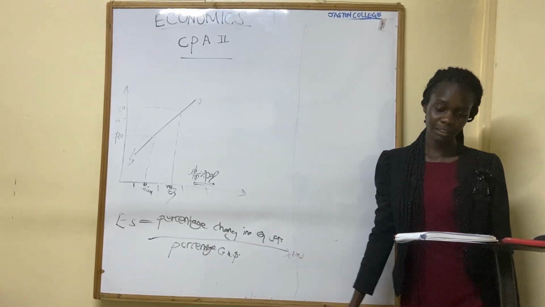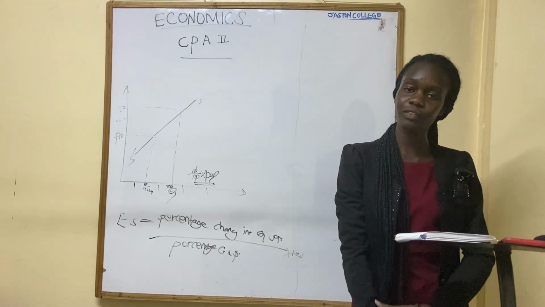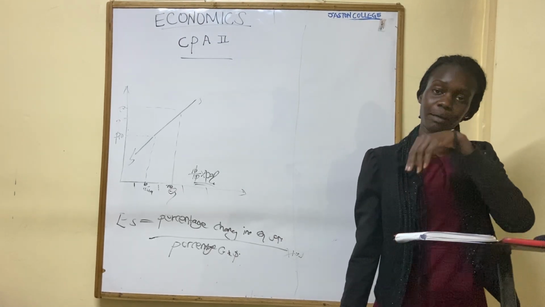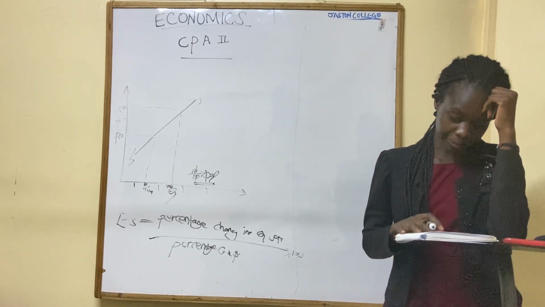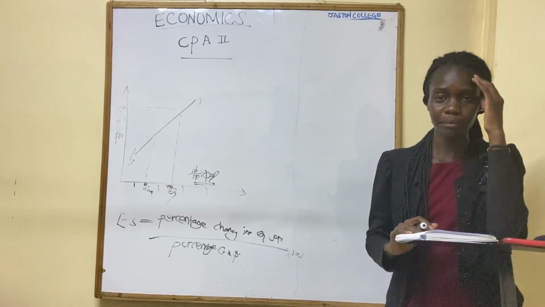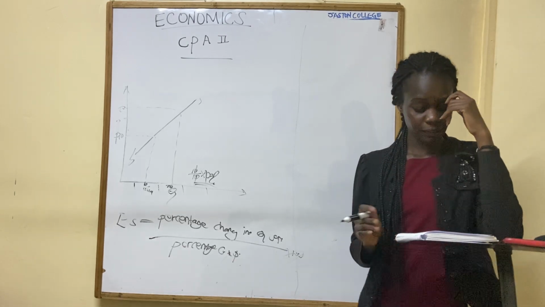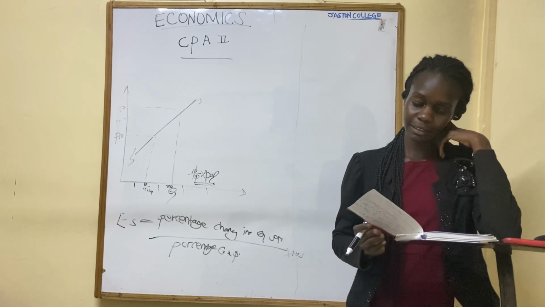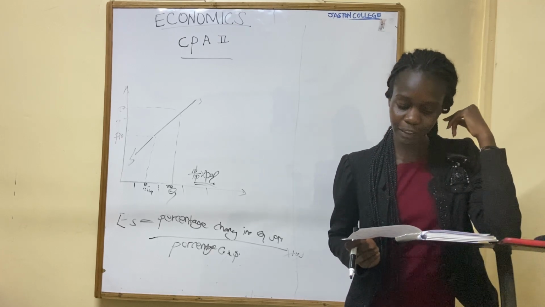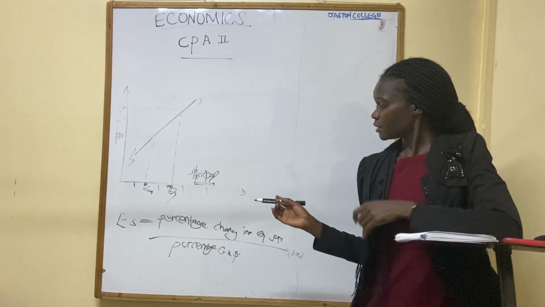So we are going to discuss the types of elasticity of supply. Elasticity of supply has 5 types: perfectly inelastic, inelastic, unit elasticity, elastic, and perfectly elastic.